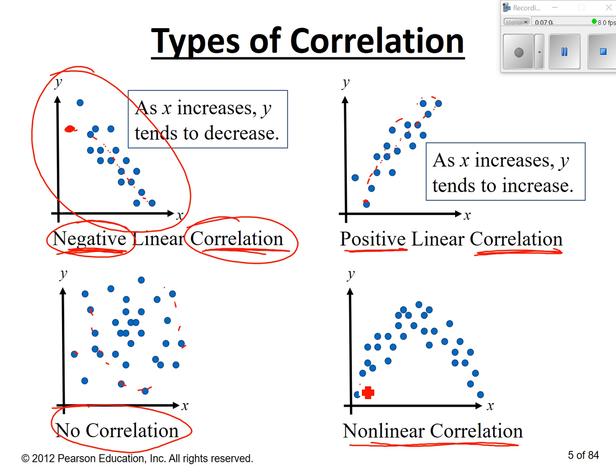It doesn't just represent a line, it looks like it represents a parabola. So it's a nonlinear correlation, and you could have other graphs that are nonlinear correlation. So you've got a negative correlation, a positive correlation, no correlation. Then you could also have a nonlinear correlation.